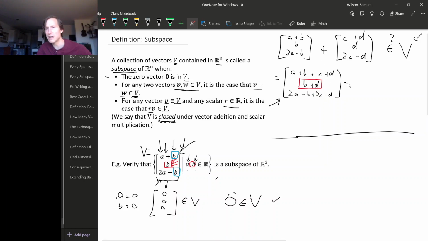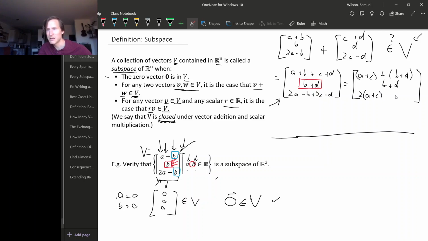And sure enough, there's a little algebra we can do to make that happen. In the first entry, we could write this as A plus C plus B plus D. So there's B plus D. In the second entry, it's just B plus D. In the third entry, this one's a little harder to see, but this is 2 times A plus C minus B plus D. So you can see we have B plus D here, here, and here.